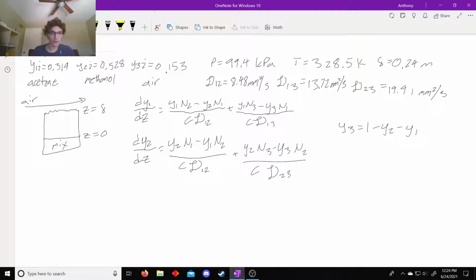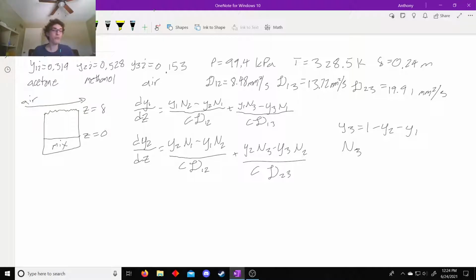And then another thing that we should recognize is that if we're considering the liquid-vapor interface right here, there is no air that's going into the mixture. There is no diffusion happening there.